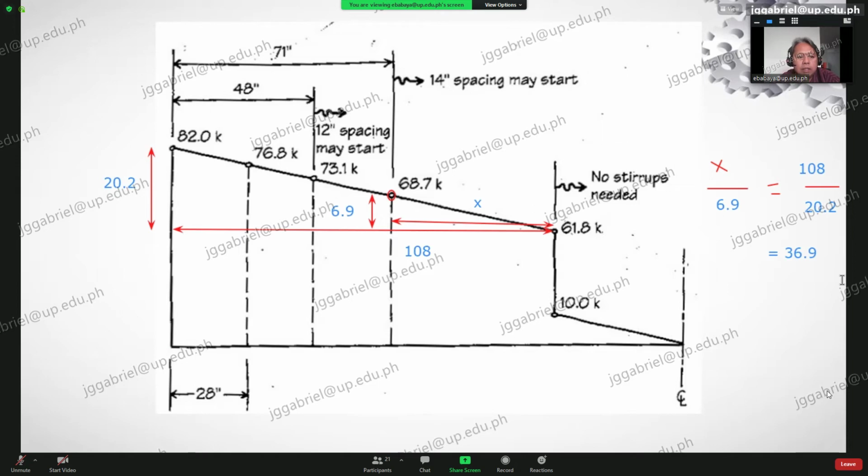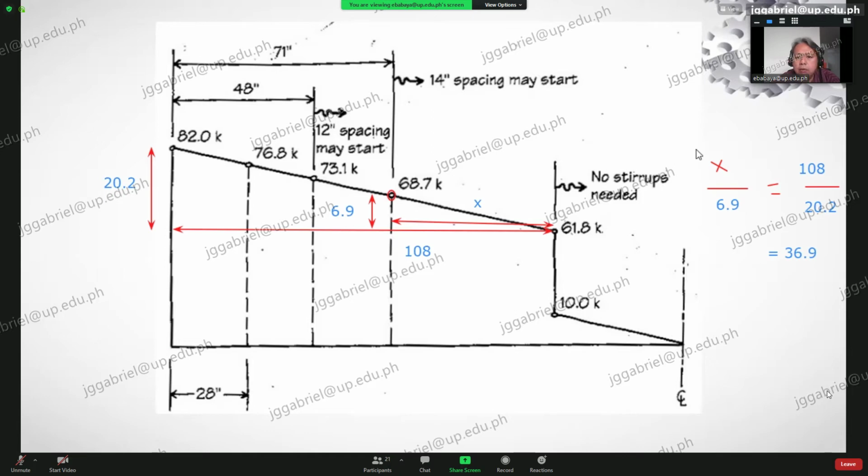Hers is 71. Maybe the reason is that 36.9 was rounded off to 37. So if this is 37, 108 minus 37, that's 71. Okay? Did you get that?